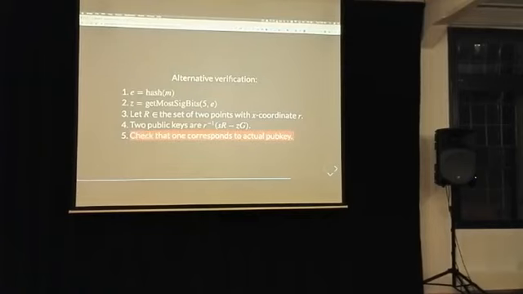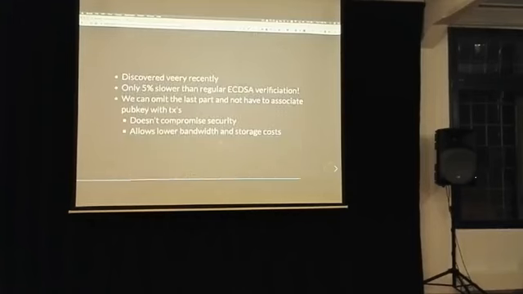So if we omit this last part, we don't actually have to send the public keys across the wire, and we don't have to store them. This doesn't compromise security at all, is only 5% slower on the CPU, and allows extreme savings in terms of bandwidth and storage. So this is what Vitalik Buterin chose when he was developing Ethereum.